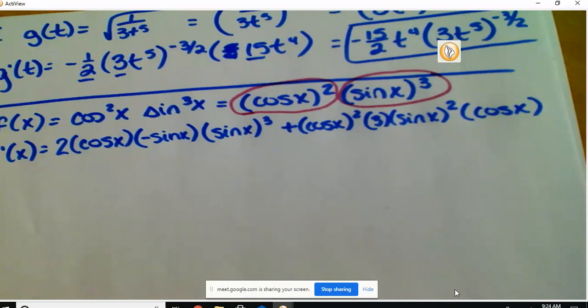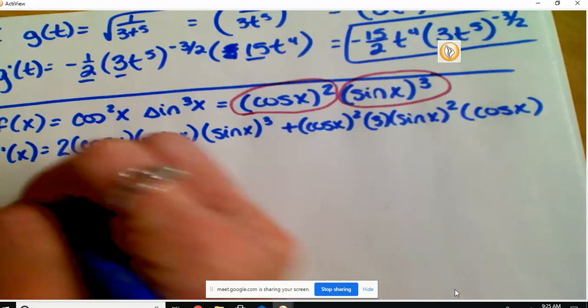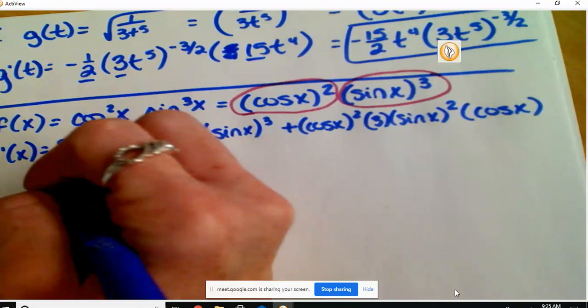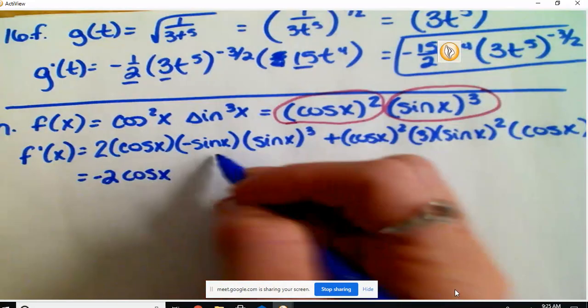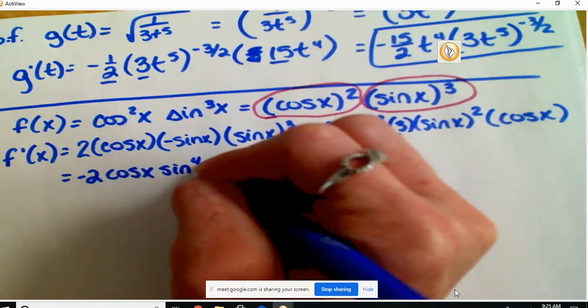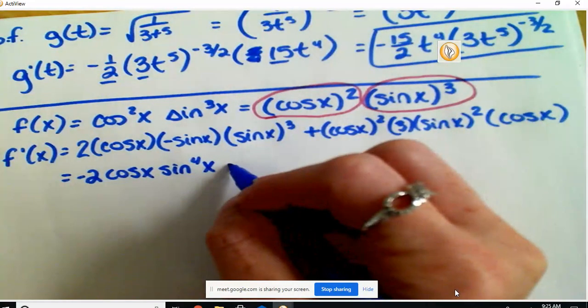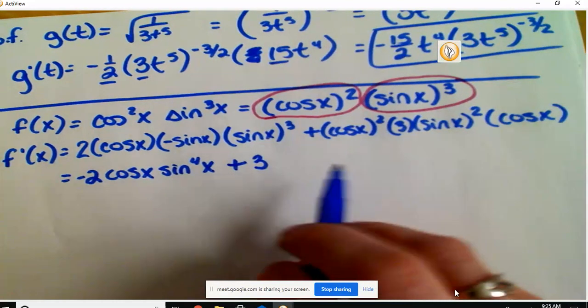Okay, from here, we can do a few things. The negative, I'm going to pull it out in front and make that a -2. I have a cosine. I have a sine times a sine cubed, so that would be sine to the 4th. Over here, I'm going to pull my 3 out.